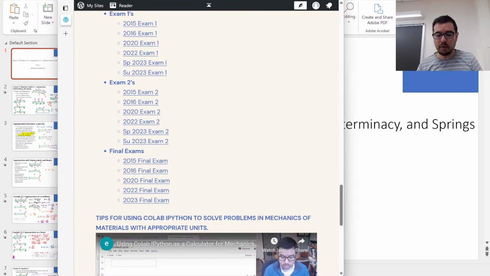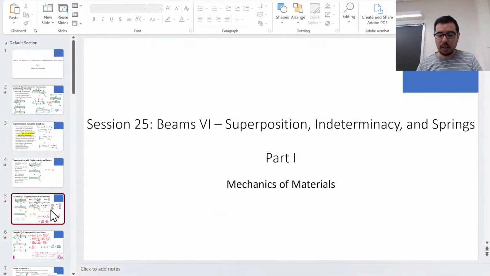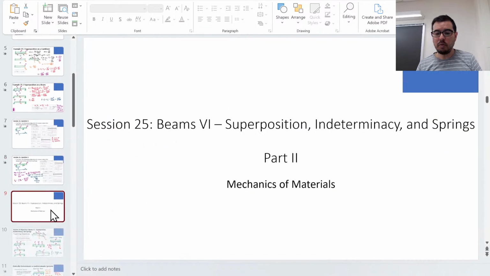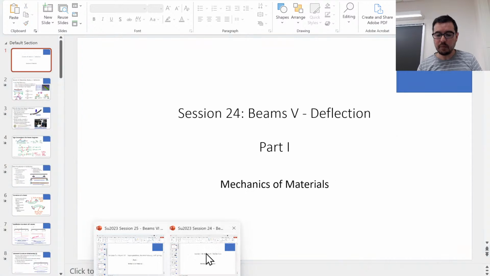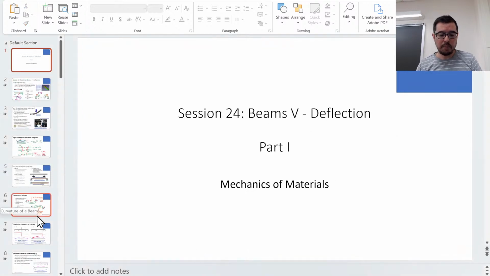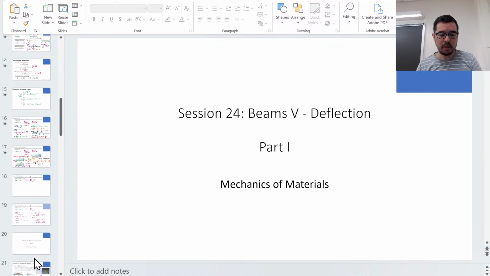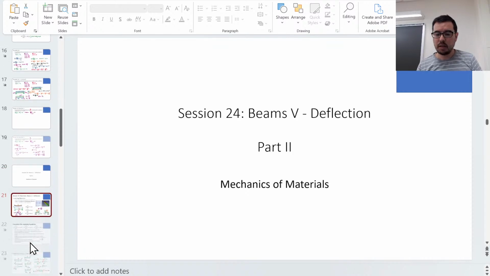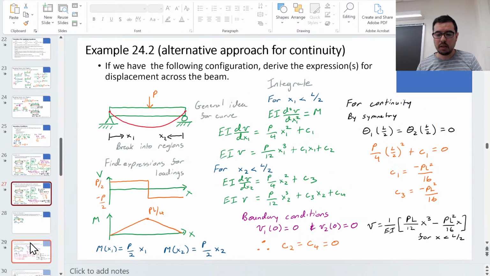Carlos had a very nice comment in the GroupMe, and there was a typo, whoops, this is number 25, I need 24. There was a typo that I made in this problem.